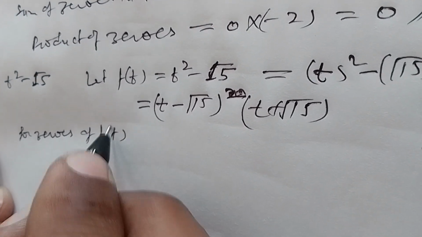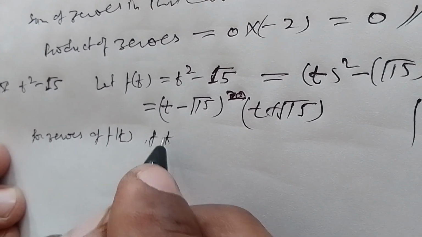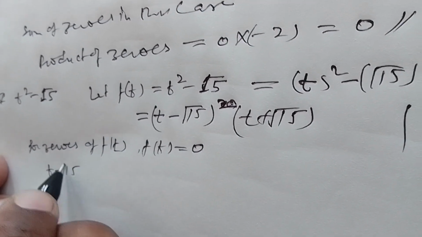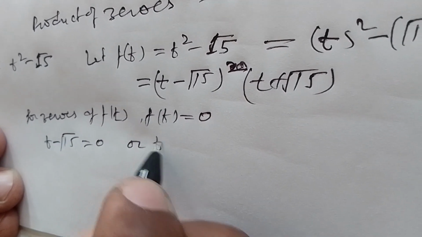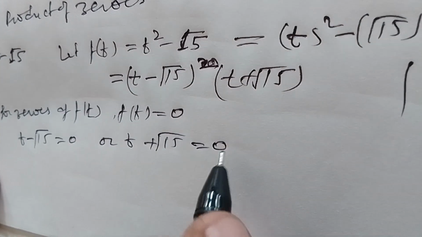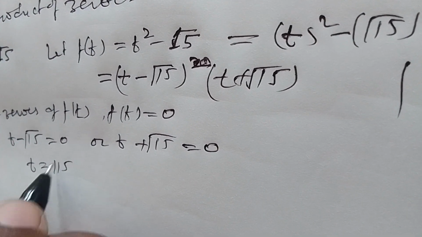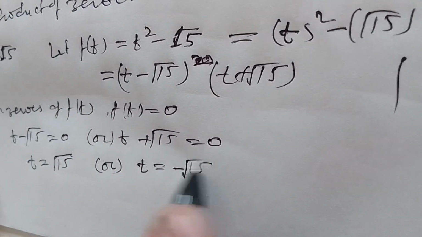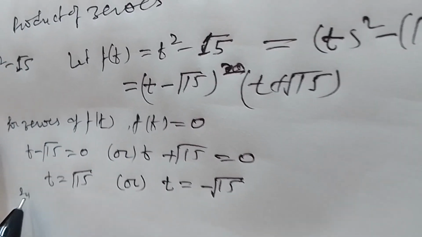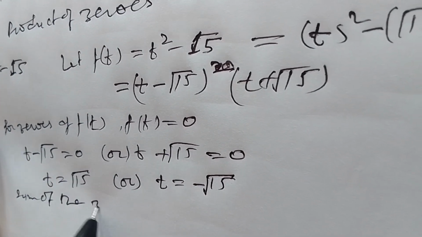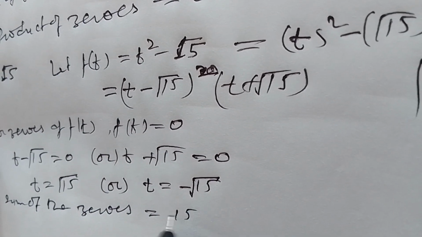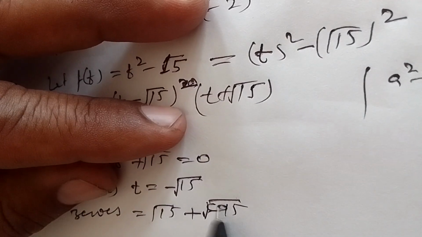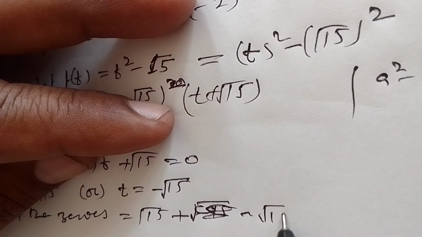For the zeros of f(t), set it equal to 0. So t minus root 15 comes out to be 0, and t plus root 15 is also equal to 0. So t comes out to be root 15, or t comes out to be minus root 15. So the sum of the zeros comes out to be root 15 plus minus root 15, so it comes out to be 0.